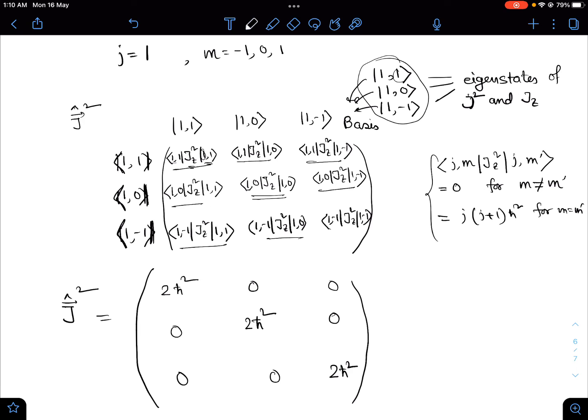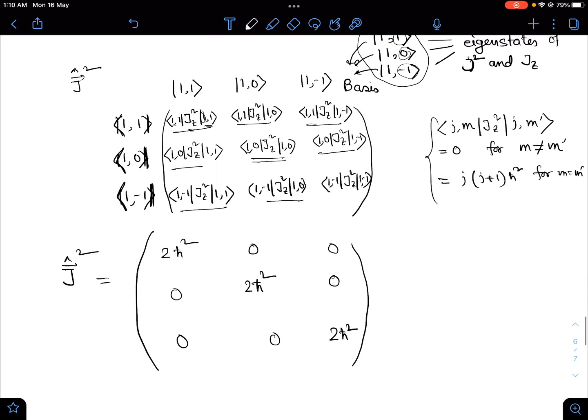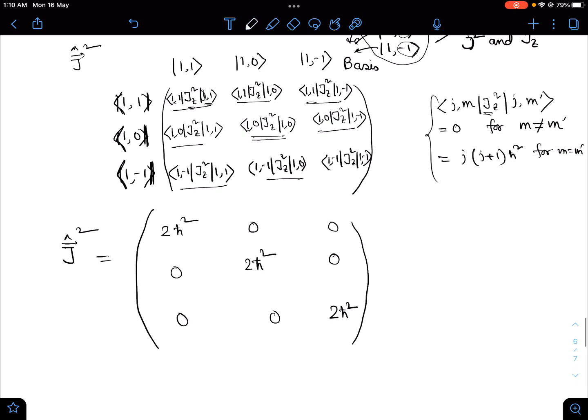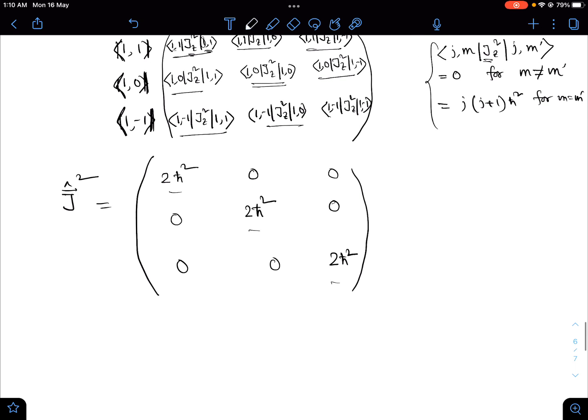The m values are different, but j is 1, so jz squared will produce 2ħ² for all of these. So this is our matrix representation of jz squared.